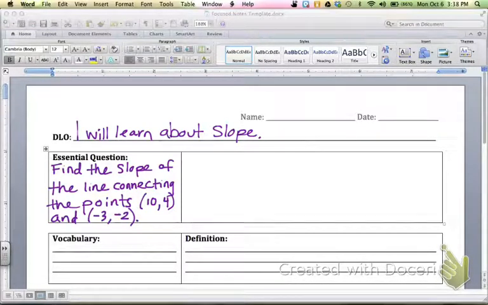Alright, so our essential question, find the slope of the line connecting the points 10, 4 and -3, -2. Like I said, write it in that box, leave the space over there blank for right now.